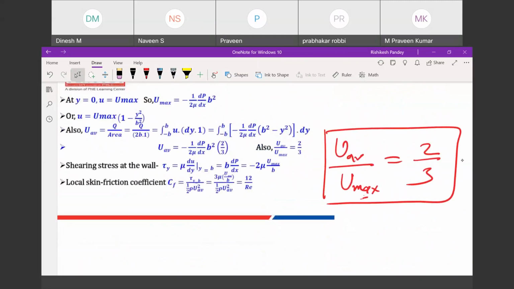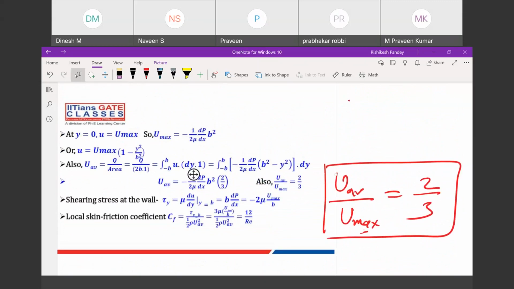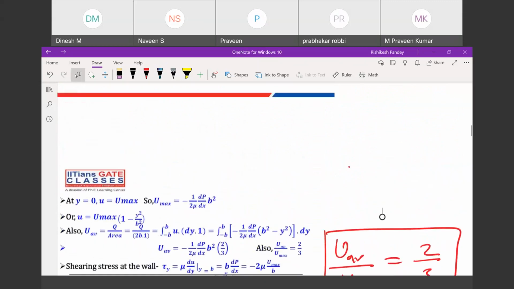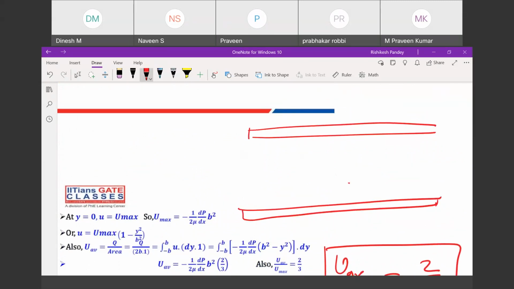Simple. Now, as the fluid is flowing between these two parallel plates, we get the velocity profile here. The velocity profile is parabolic.